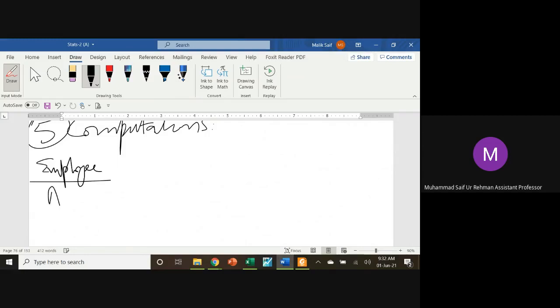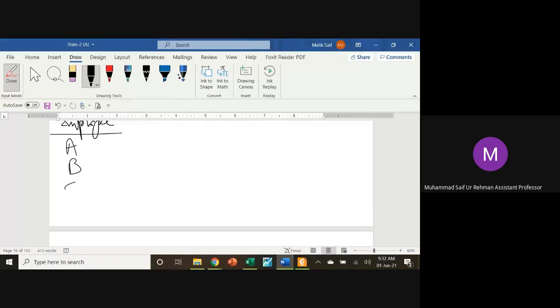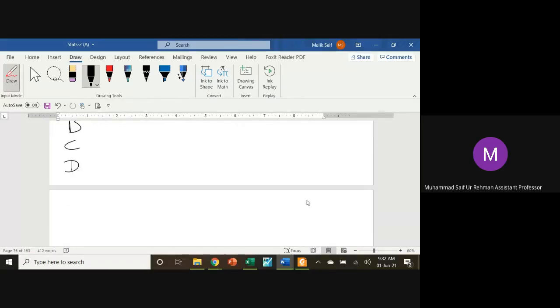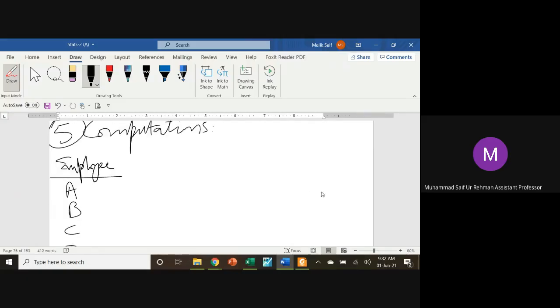Write down employee A, B, C, D, and E. Then you have to write down the shifts: day shift, afternoon shift, and night shift.